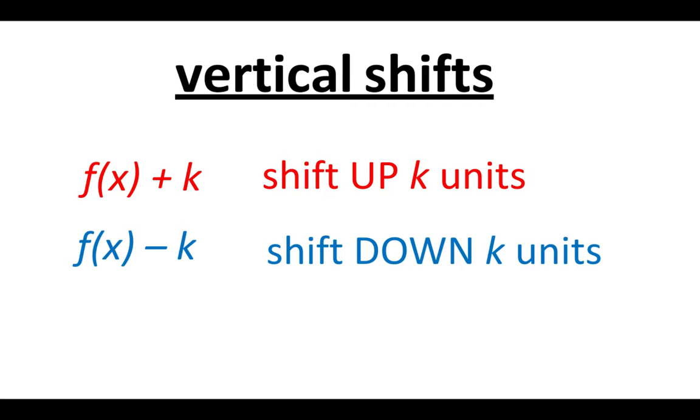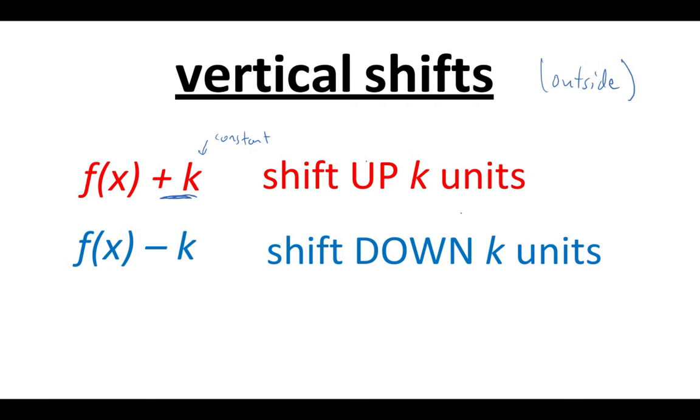So if we have a number on the outside, this is plus k. K just represents a constant. So we have the function plus k on the outside. Just think outside for the vertical shift. Numbers on the outside: we're going to shift it up if it's positive, and we're going to shift it down if it's negative.